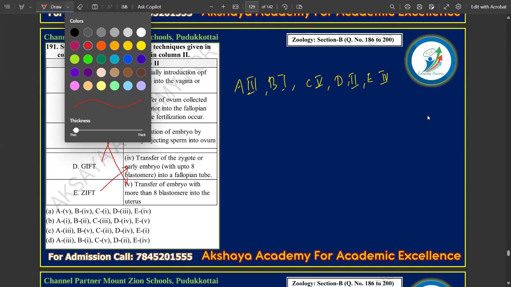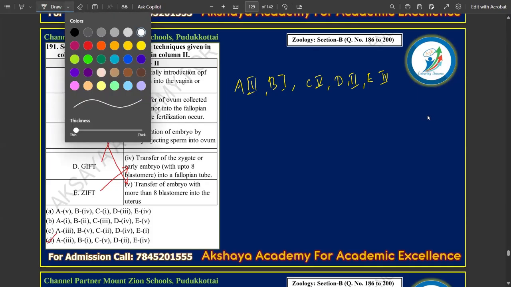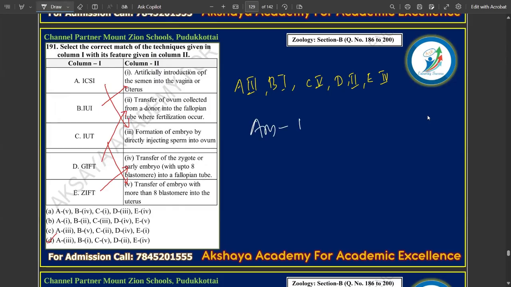So comparing that, okay, we find that it matches with which option? It matches with D, isn't it? So your answer will be D.